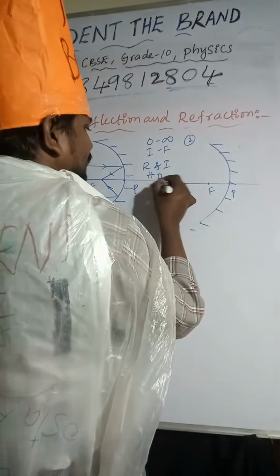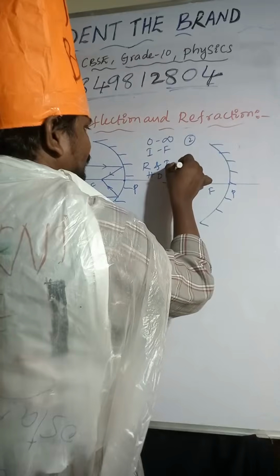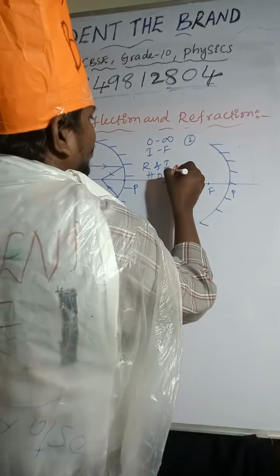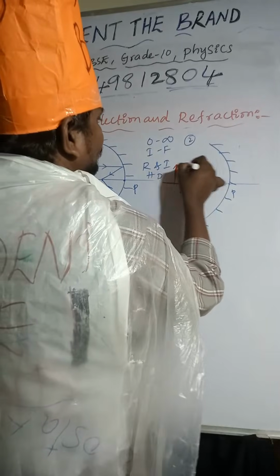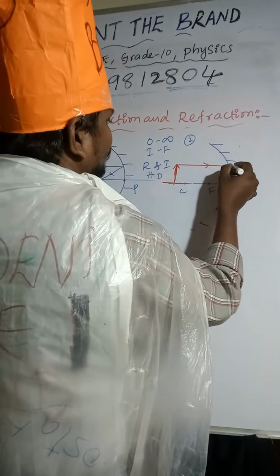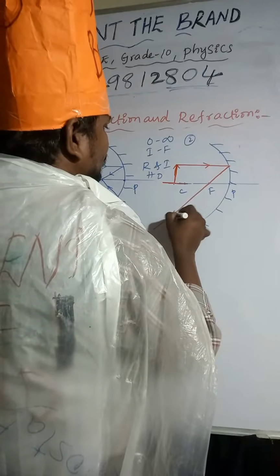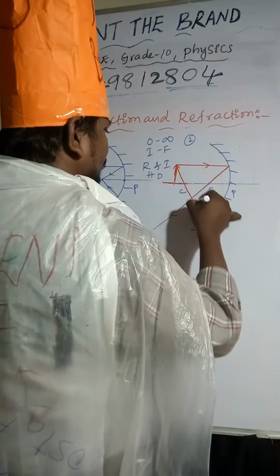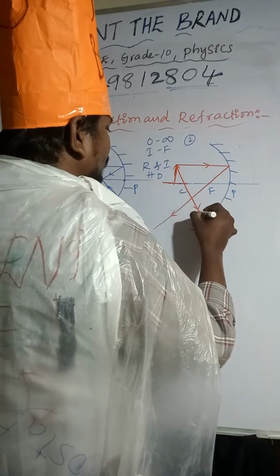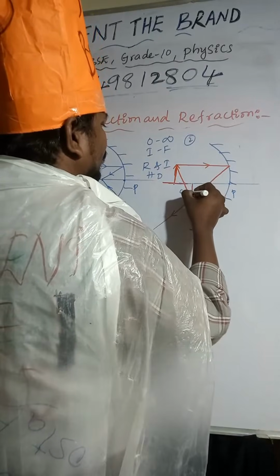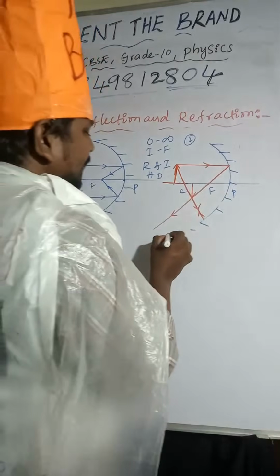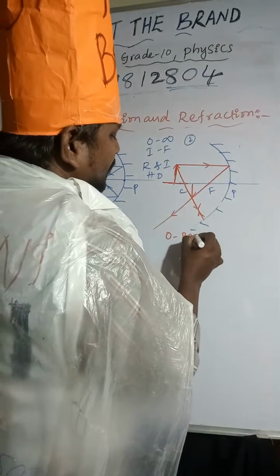So, one light ray I am taking like this. So, the object is placed beyond center of curvature.